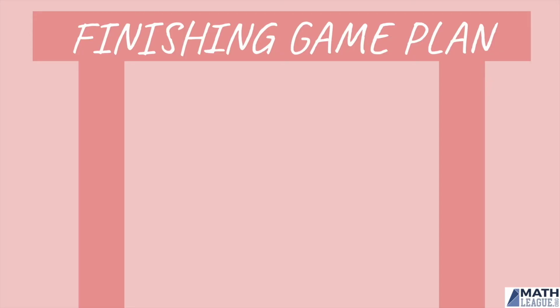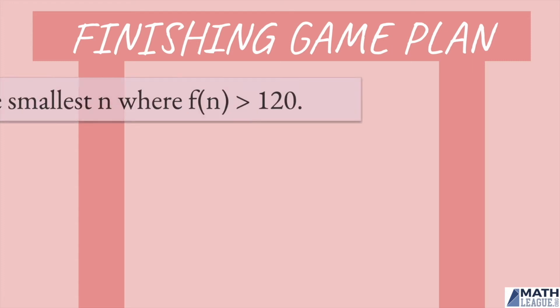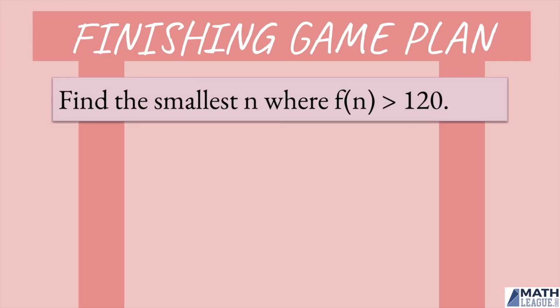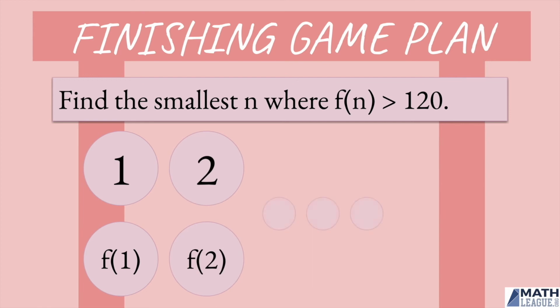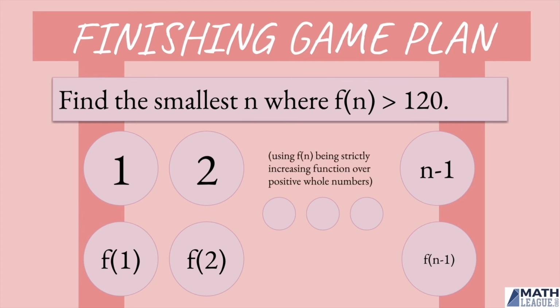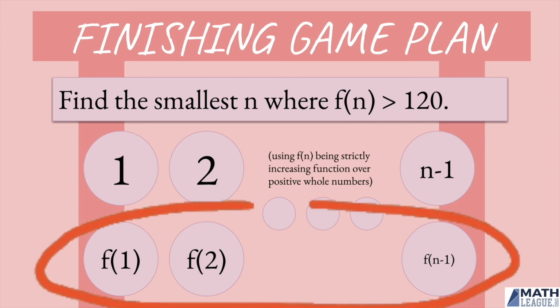It means that all we need to do now is find the least n such that f of n is greater than 120, and all of the valid numbers will be f of 1, f of 2, f of 3, all the way up to f of n minus 1. And since this is a strictly increasing function, all of these will be different.